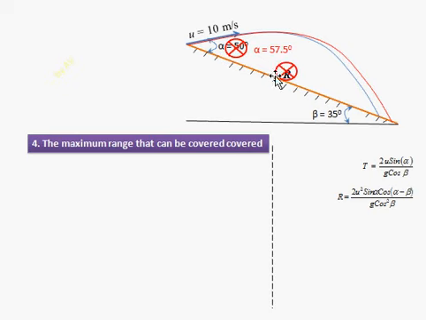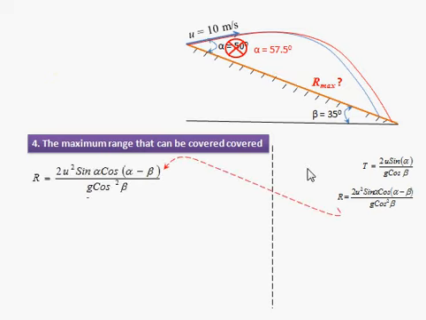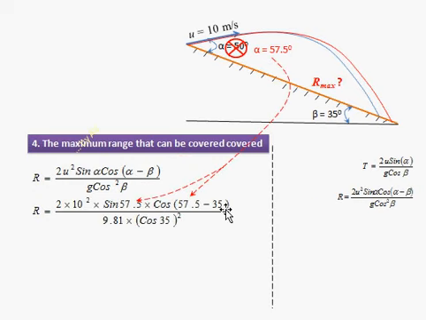We need to forget about the previous R, and find R max, that is when the red line hits here. So using the general formula, but introducing the newly found 57.5 and other relevant terms, we find the maximum distance, that is 23.61.